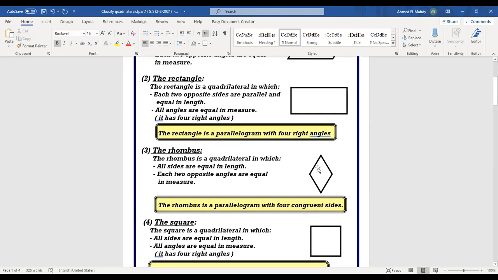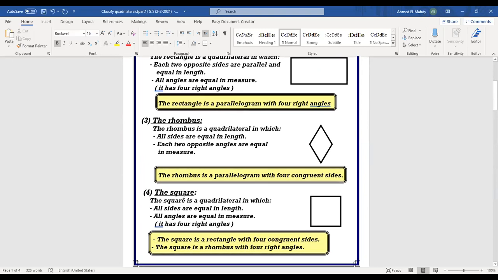In the rhombus, all its sides are equal, and each two opposite sides are parallel, and each two opposite angles are equal in measure. The fourth quadrilateral is the square. In the square, all its sides are equal in length, and all its angles are equal in measure because it has four right angles, and also each two opposite sides are parallel.